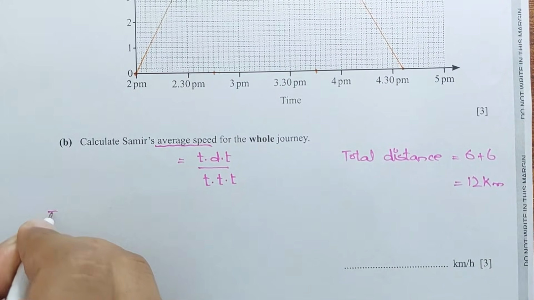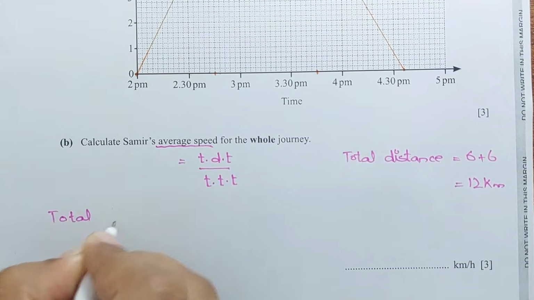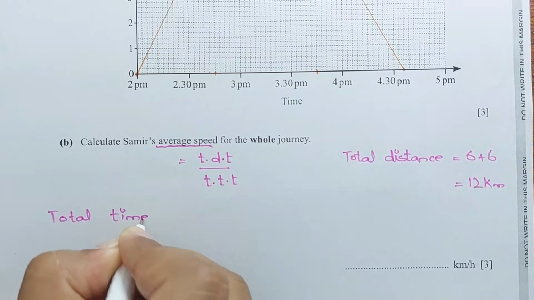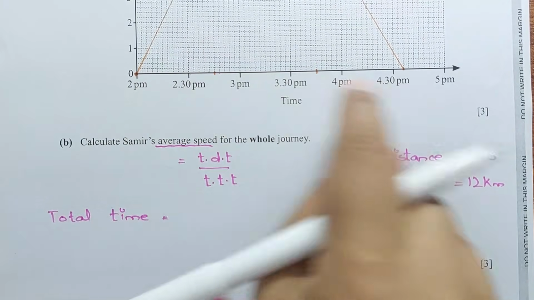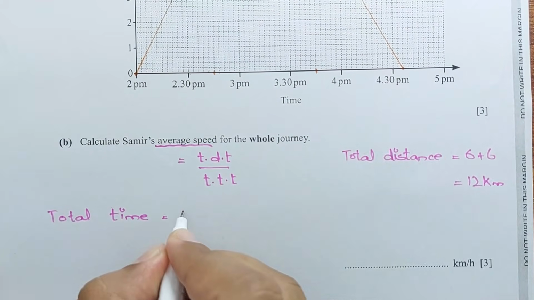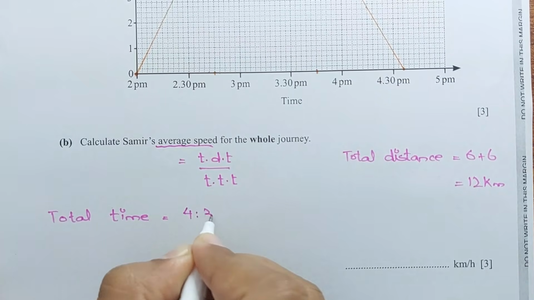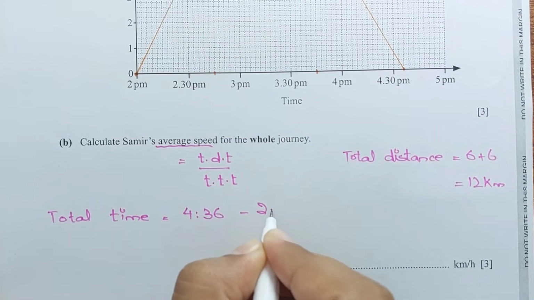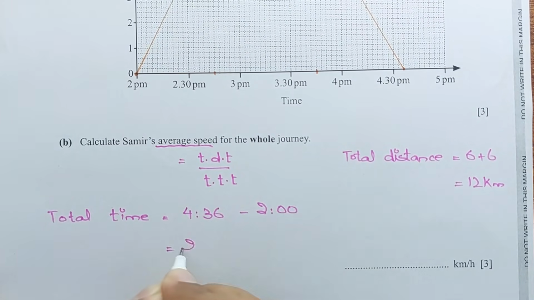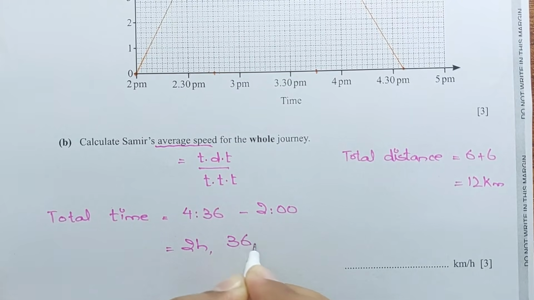Now let's figure out the total time taken. The total time taken is from 2 p.m. till 4:36 p.m. 4:36 minus 2 is 2 hours and 36 minutes.